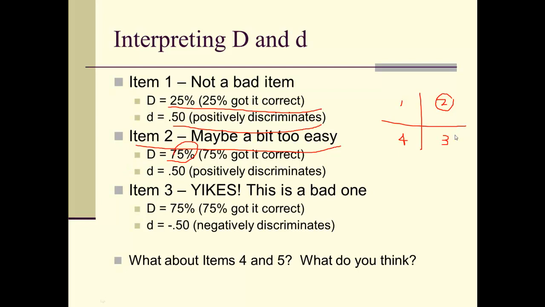But item 3 is the big problem. 75% got it right, but it negatively discriminates. More people in the low group got it right. So that's a question we need to look at and check out again, and maybe rewrite, or maybe throw it out, one of the two.